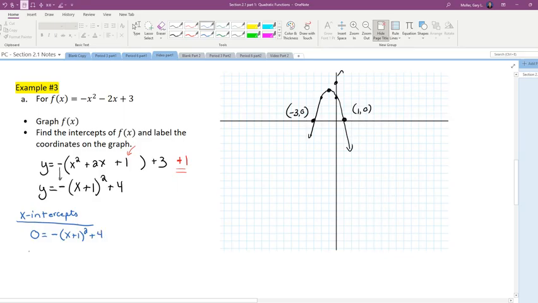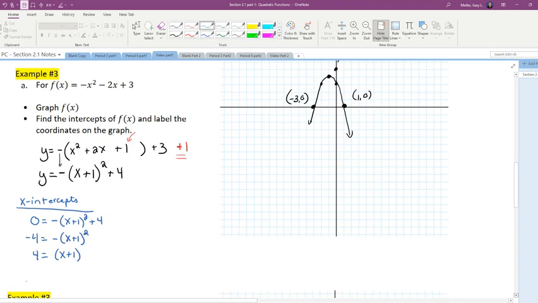I'm going to subtract 4. I'm going to multiply by negative 1. I'll take the square root. I'm going to subtract 1.